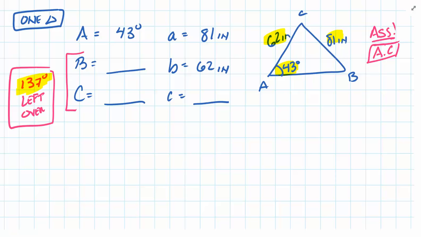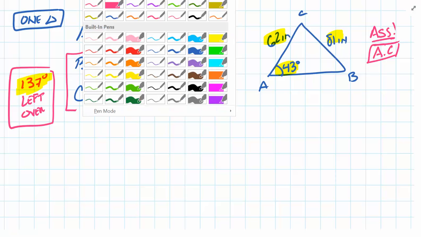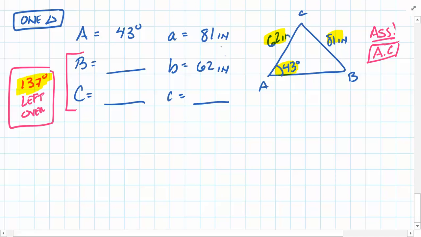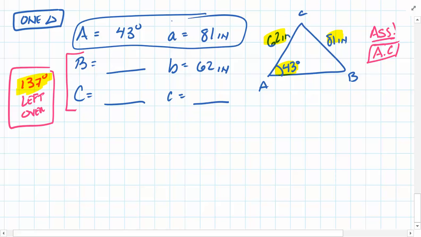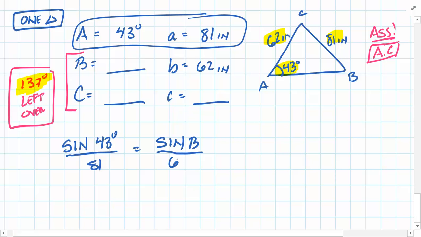I know I'm dealing with the ambiguous case, so here's the process. The only ratio that we know for sure is this one right here, so I'm going to start with that one. The sine of 43 degrees divided by 81 has to equal the sine of angle B, which I don't know, divided by 62.